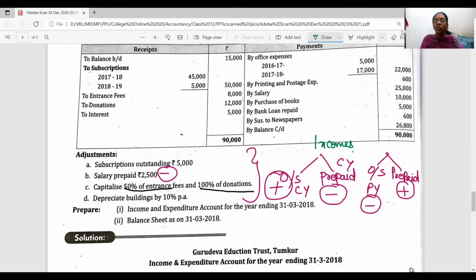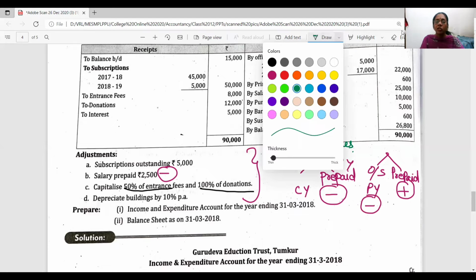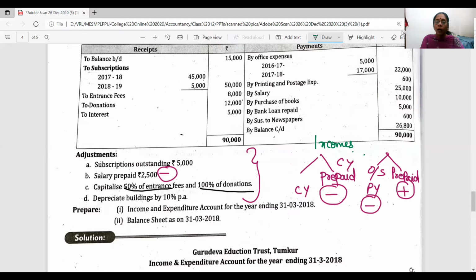Normally that is the terminology that we use, not outstanding. So we say accrued. But whatever it is, it is yet to be received. So I will call it outstanding, and in brackets I would put accrued. Of the current year, it needs to be added.